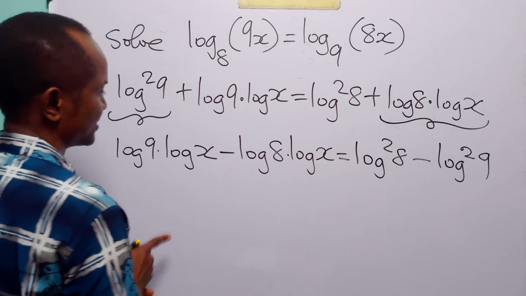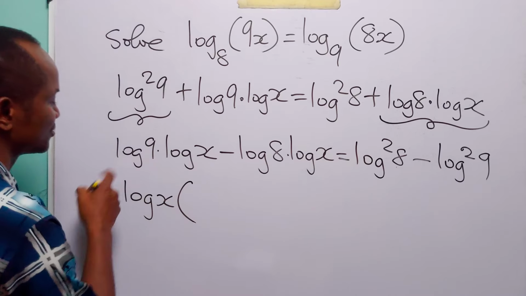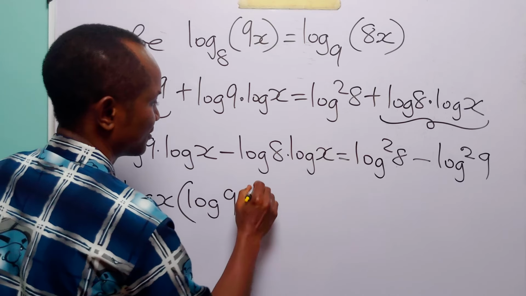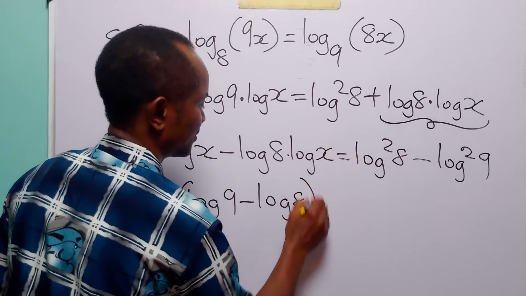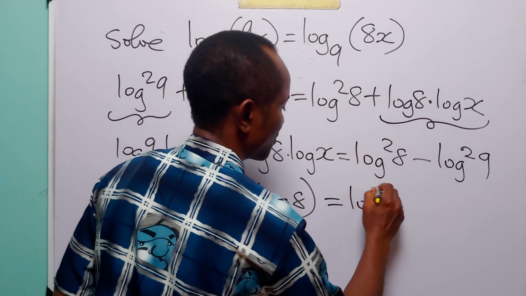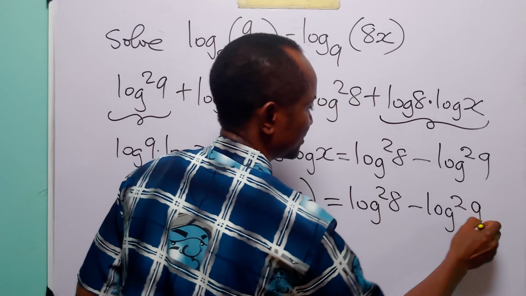So we can factorize. When we do that, we have log x into log 9 minus log 8. And of course, this is equal to log squared 8 minus log squared 9.